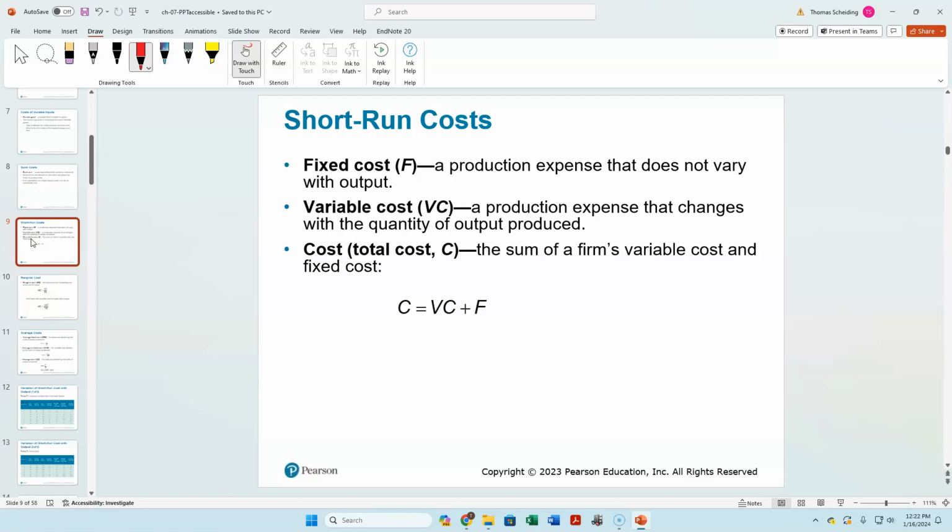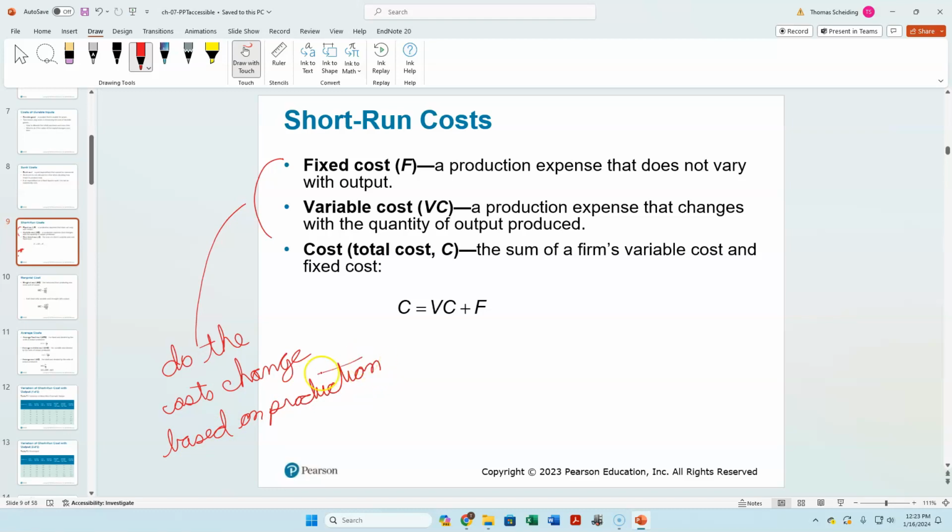And the difference between the two is based on this question: do the costs change based on production levels? If the answer is yes, then we're dealing with a variable cost. And if the answer is no, then we're dealing with a fixed cost.